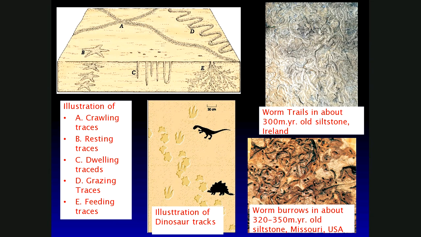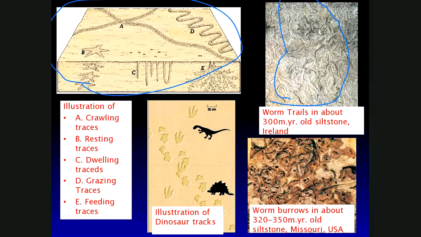Here you see the first figure showing crawling traces, resting traces, dwelling traces, grazing traces, and feeding traces. And here we see worm trails preserved well in 300 million year old siltstone from Ireland.